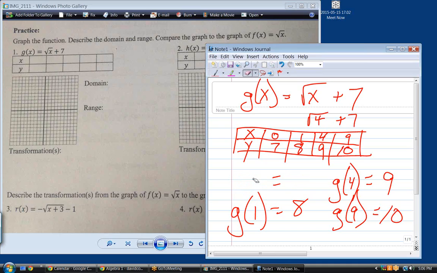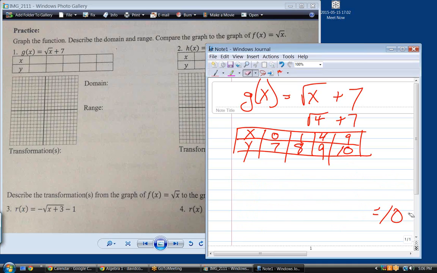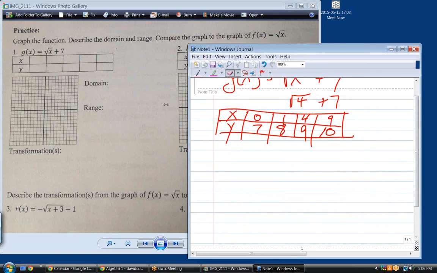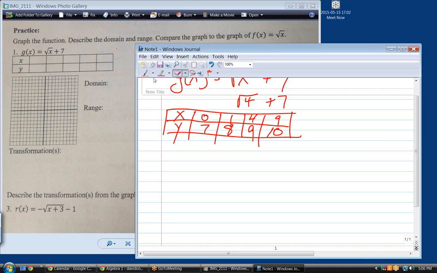And now all I have to do is graph that collection of points. In other words, you can always graph a function this way. Let me expand it a little bit here. This is the x-axis, this is the y, or the g of x axis. So when x is 0, y is 7. We'll make that 7. So this point's on the curve.